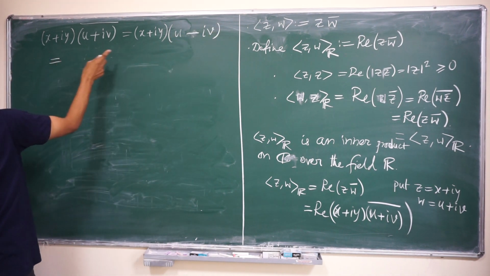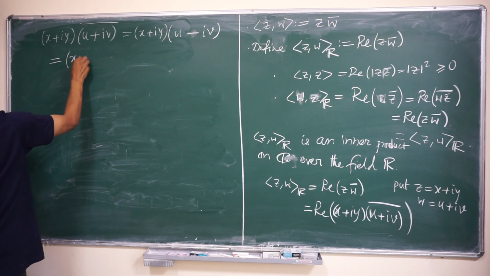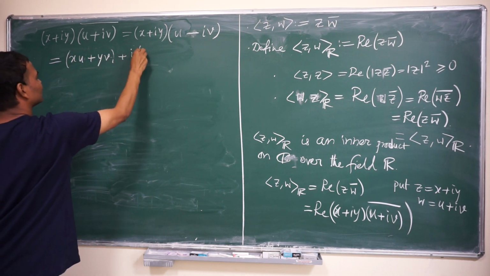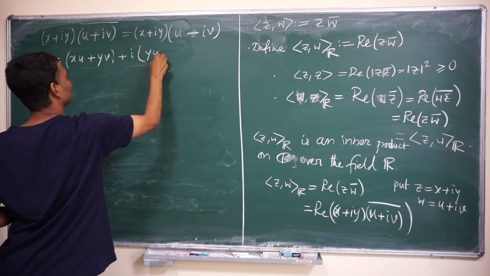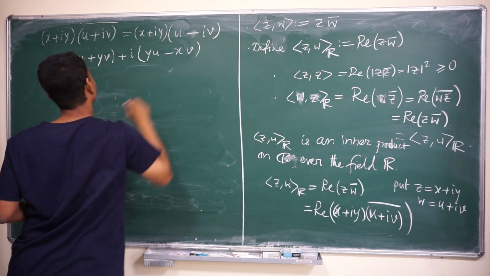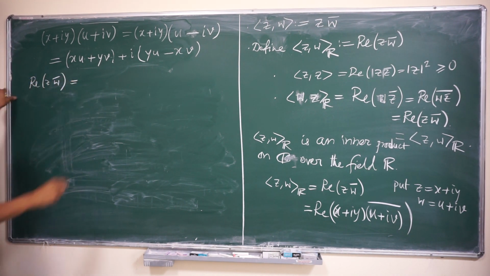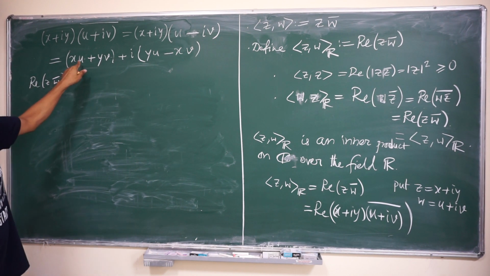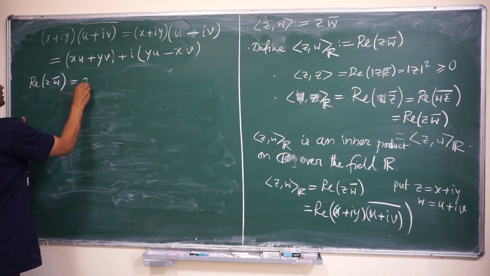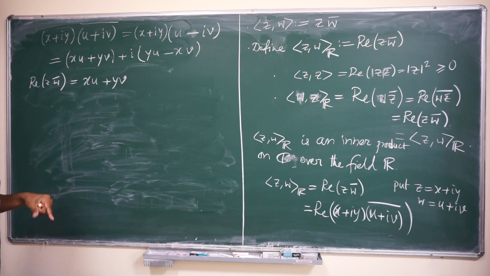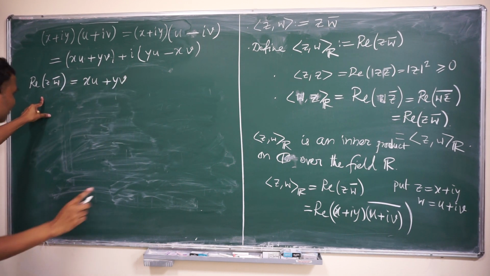So which is nothing but xu plus yv plus i times yu minus xv. So the real part of z w bar is xu plus yv.